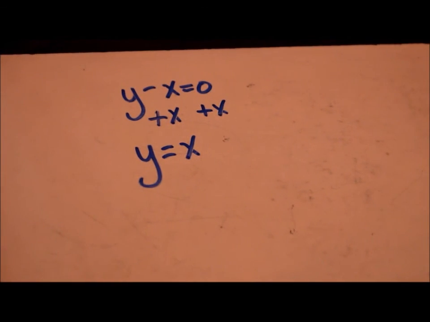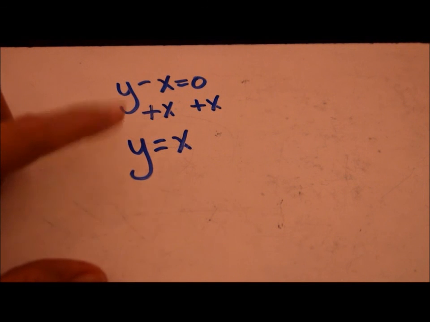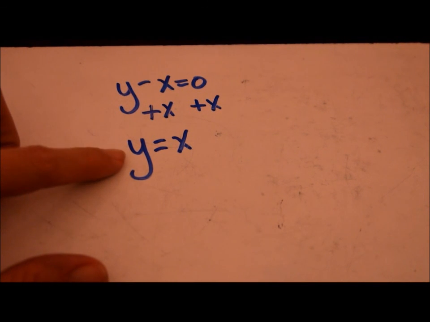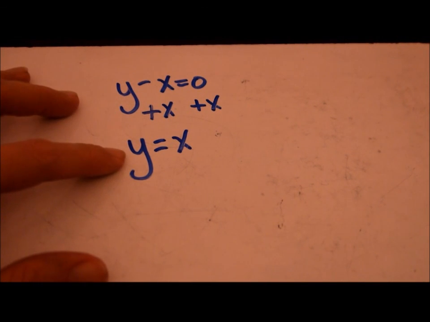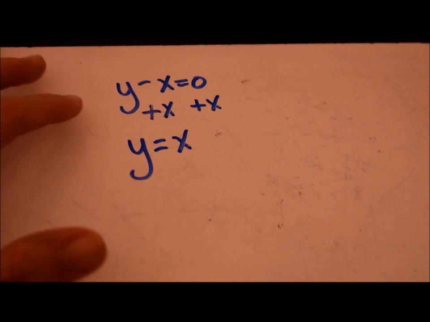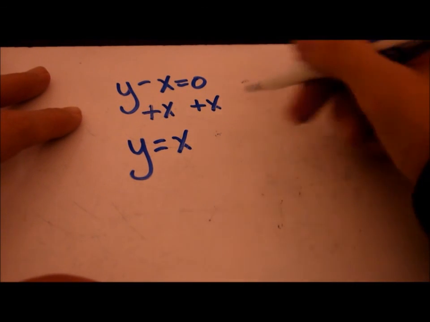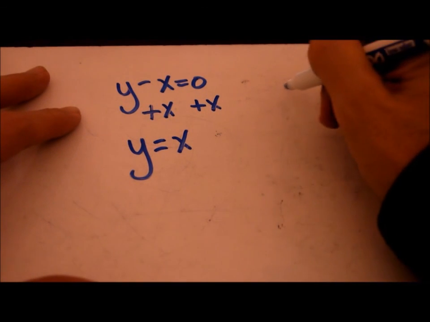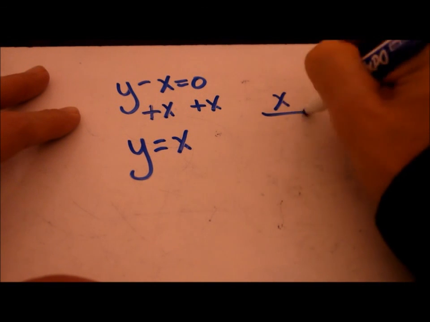Now you might get used to, most of us in advanced math know what the line y equals x looks like without having to do any graphing. And we will show you, every time you get y equals x, it's always going to look exactly the same. Okay, so here's a nice thing, we don't have to do much math to make the chart, right?